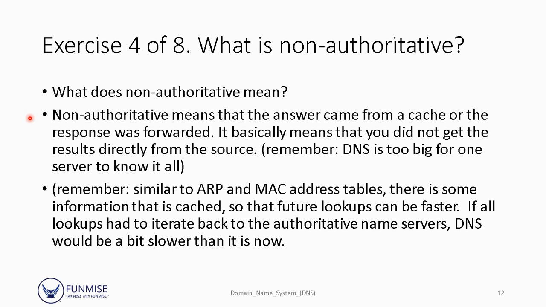It basically means that you did not get the results directly from the source. Remember, DNS is too big for one server to know it all. Similar to ARP and MAC address tables, there is some state information that is cached so that future lookups can be faster. If all lookups had to iterate back to the authoritative name servers, DNS would be a bit slower than it is now.